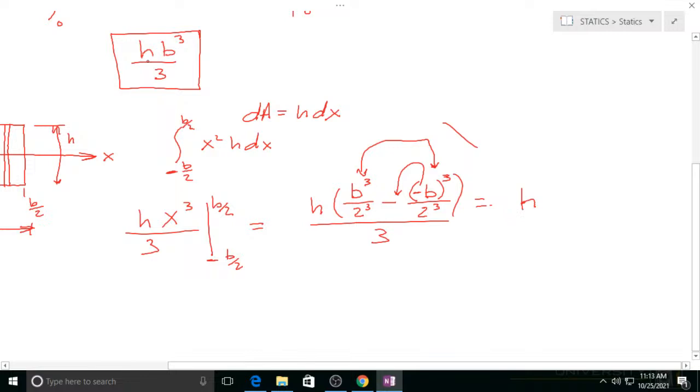Okay, put the 2 down here, and then b to the third over 2 to 2 to 2 is equal to 8, but I could say it's 4 times 8 over 3.